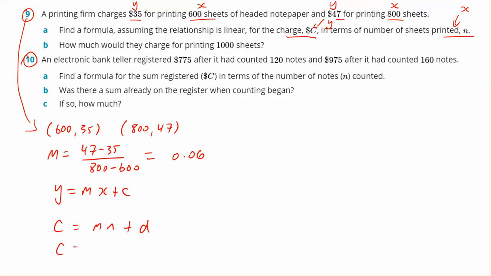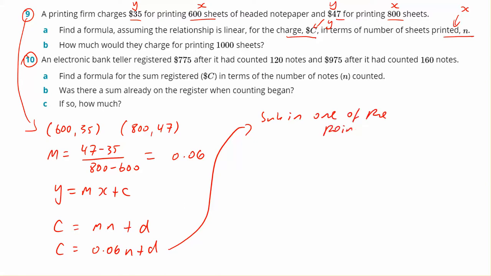So we know that my gradient is 0.06, so C equals 0.06n plus D. Now, how do I solve for D? All I need to do is sub in one of the points.